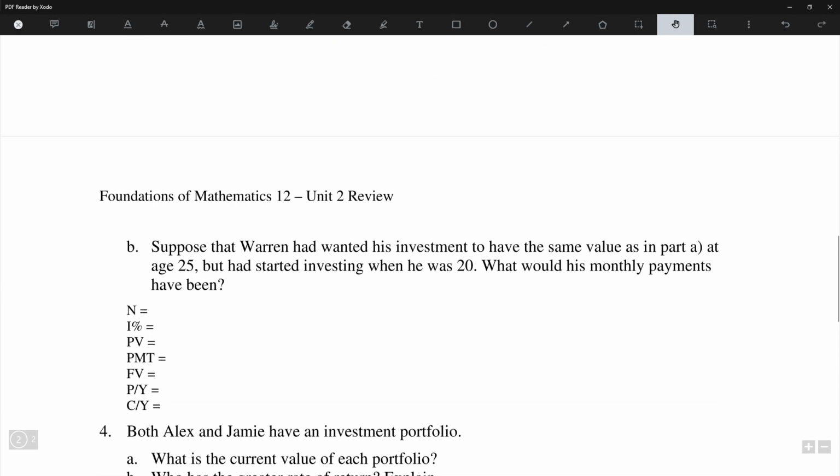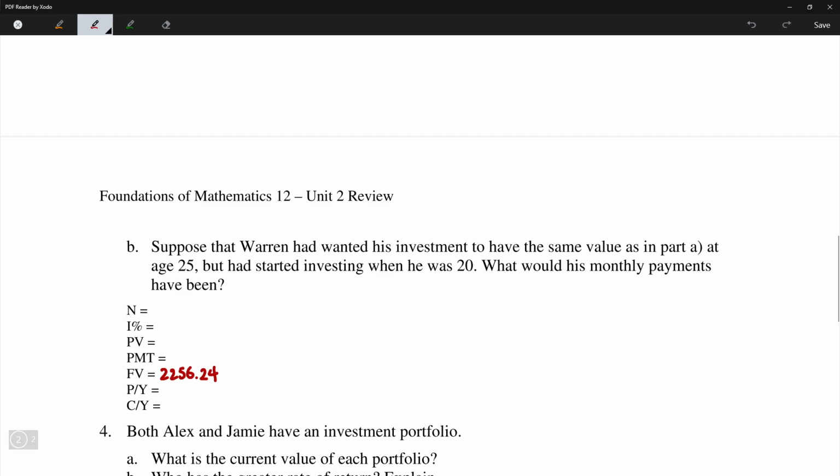Still about the same person. So same future value as in part A. So that was once again $2,256.24. Now, instead of starting at age 5, Warren is now going to be investing starting at age 20.